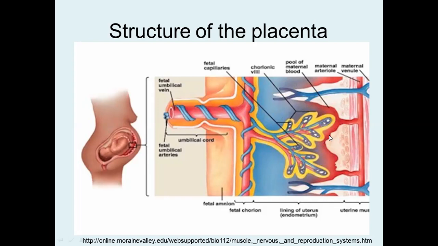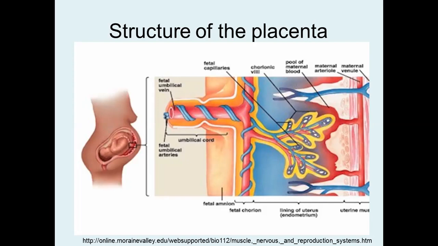Okay, so remember the chorionic villi function to increase the ratio of surface area to volume for increased absorption of substances from the maternal blood and passage of substances from the fetal blood into the maternal blood. Okay.